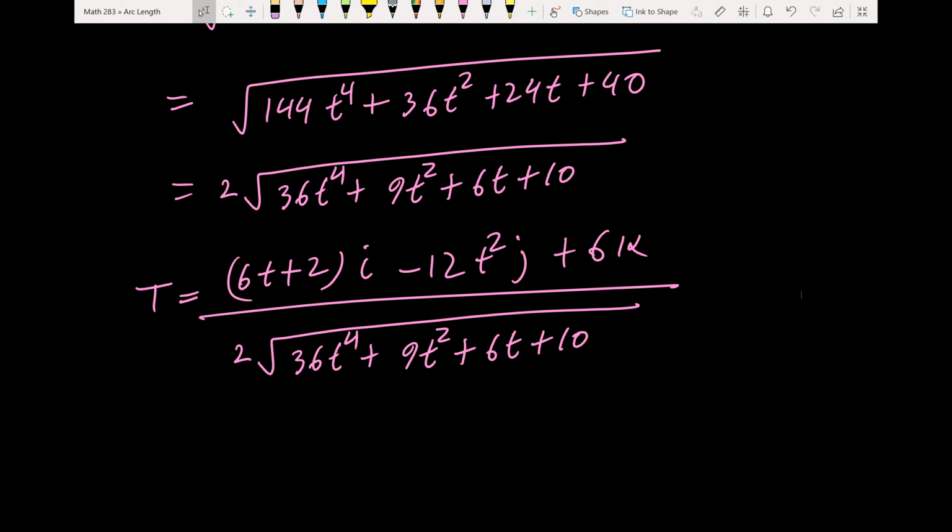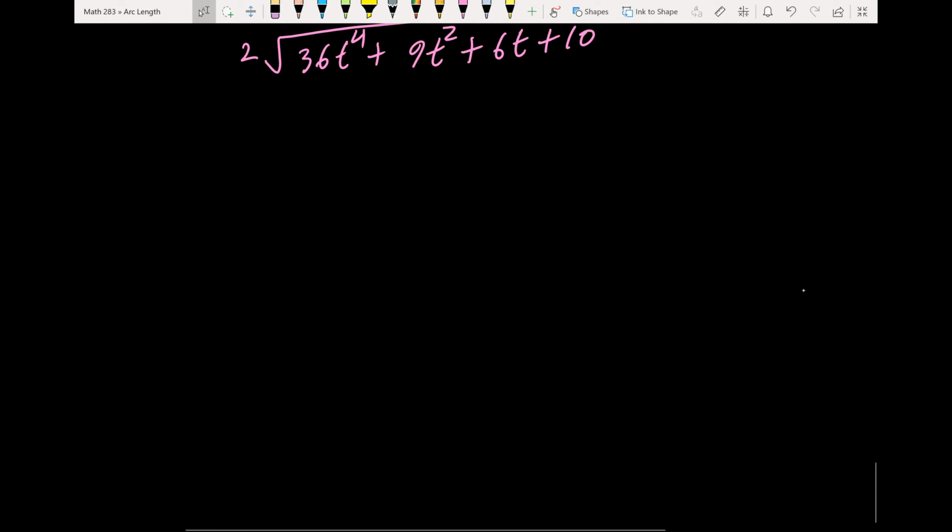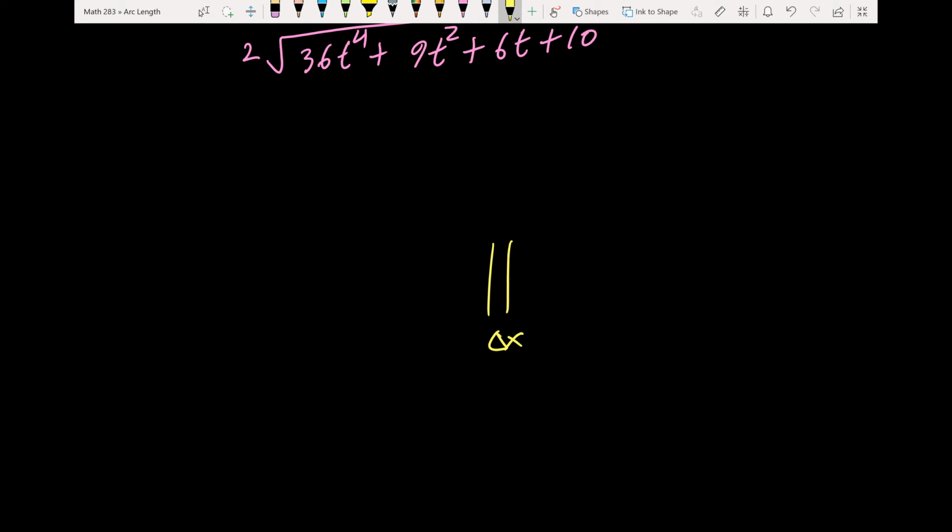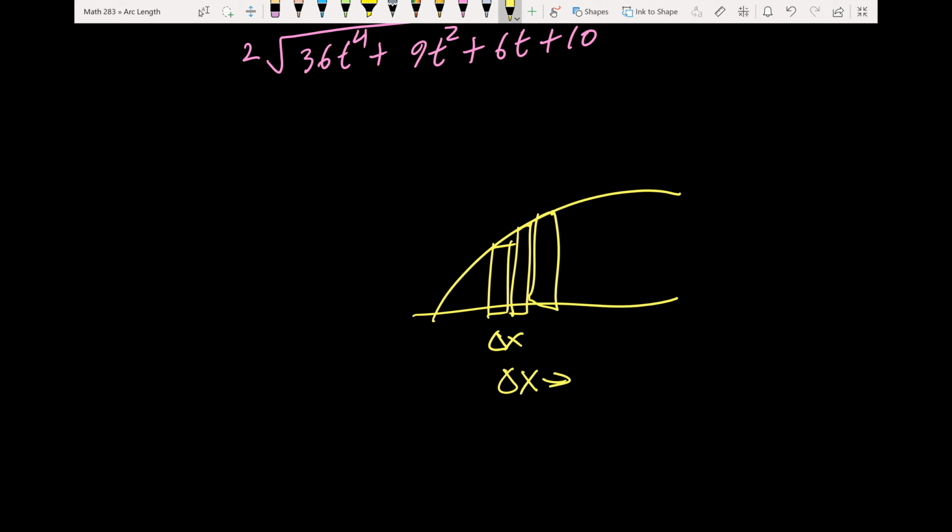A Riemann sum is that you have the delta x and you create all these rectangles. And then as delta x goes to, in this case, you get infinitely many delta x. The length of this goes to 0. You get so many of them, and that's how it happens.